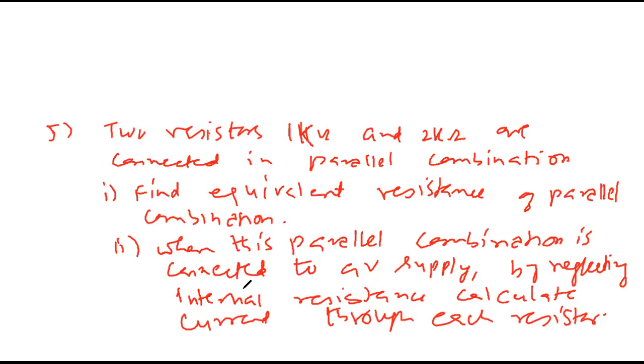Two resistors, 1 and 2 kilo ohm, are connected in parallel. Find equivalent. This is connected to a 9-volt supply. Find current through each resistance. Simple sum. Have you completed? Then I will draw the diagram.